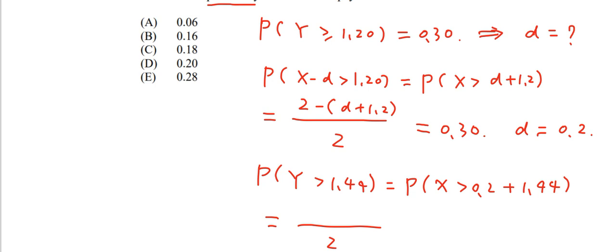So here 1.64, so 2 minus 1.64 over 2 equals 0.18. Such a problem is normal and easy.